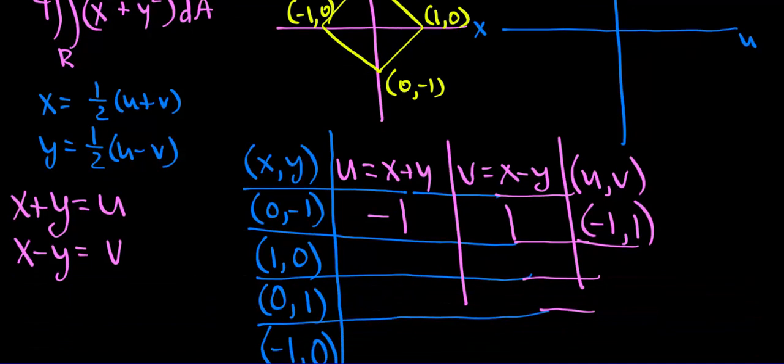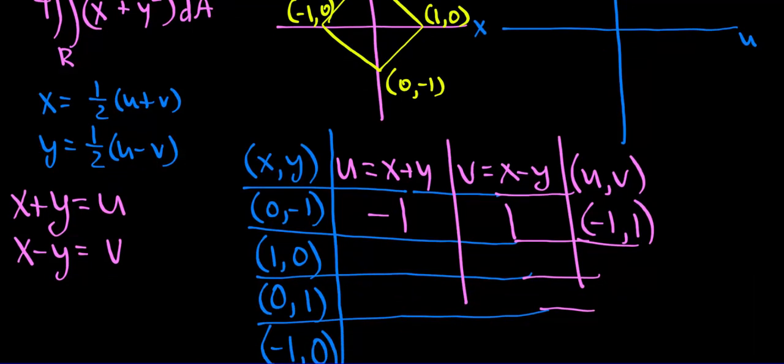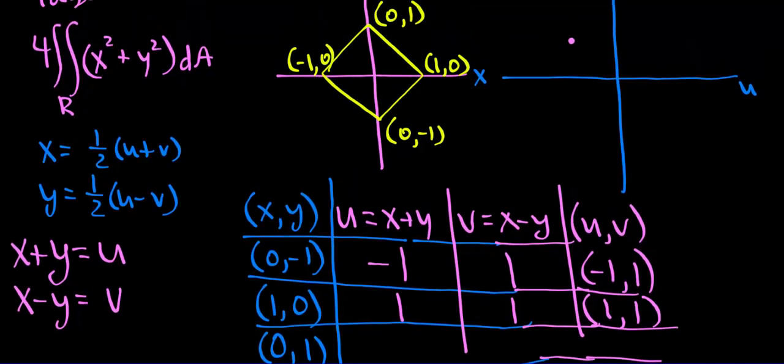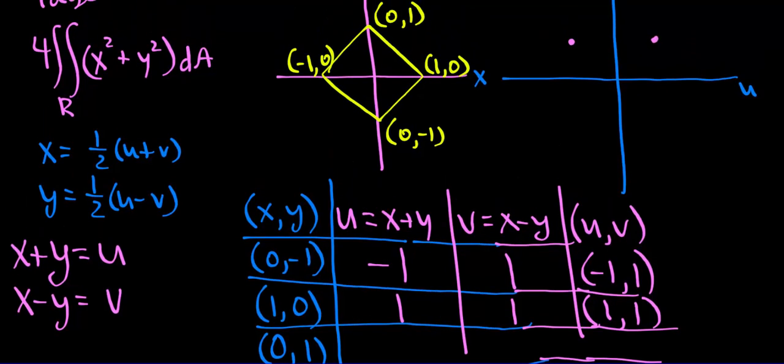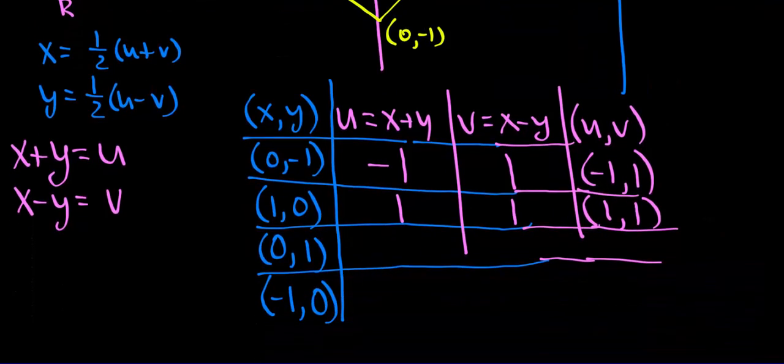Then I can do the same thing for the 1, 0. I've got u is 1, and v is 1. So I've got the point 1, 1. Okay. So that's over here, about. Everybody see that? Now, 0, 1.